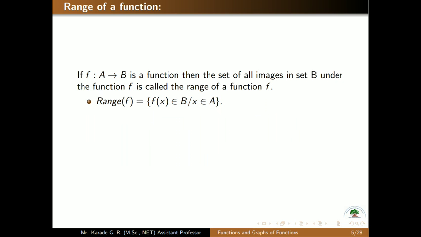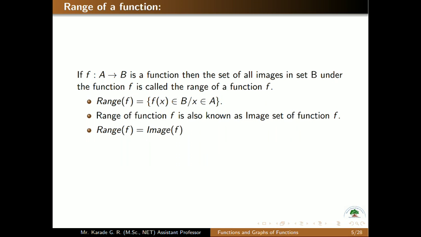So range of f is the set of all f of x belonging to B such that x is in A. Range of function f is also known as the image set of function f. So range of f is always a subset of codomain B.